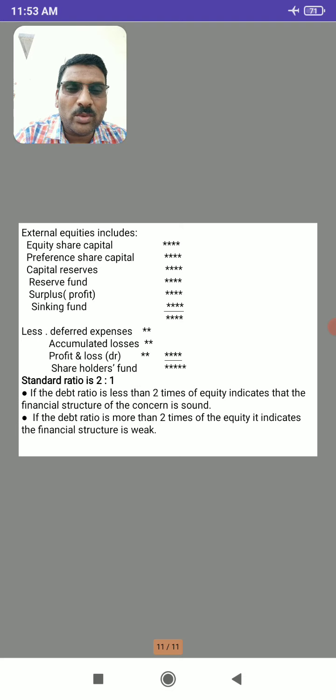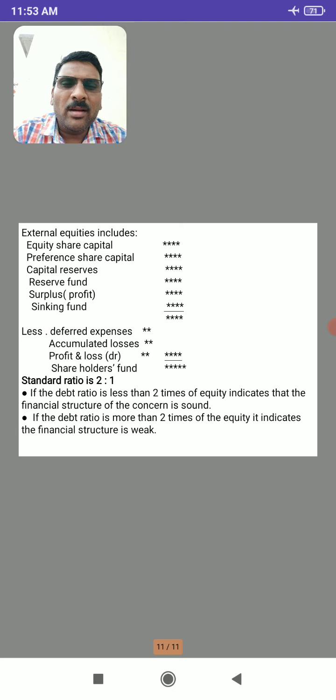If it is more than 2 times the equity, it indicates the financial structure is very weak. Therefore the firm has to maintain the ratio at 2:1 only. Like this the debt equity ratio is calculated.